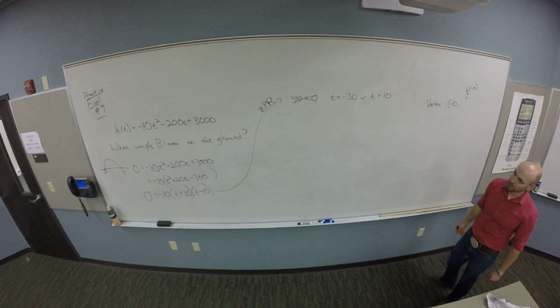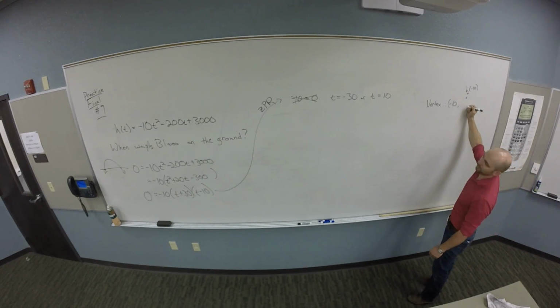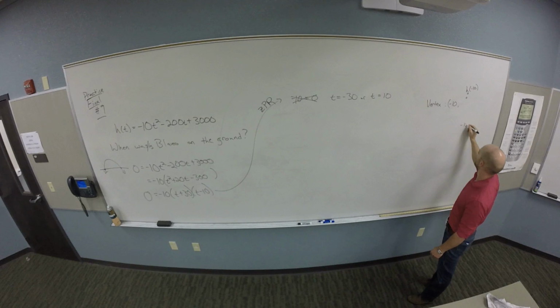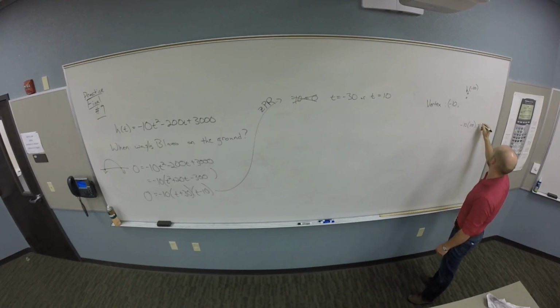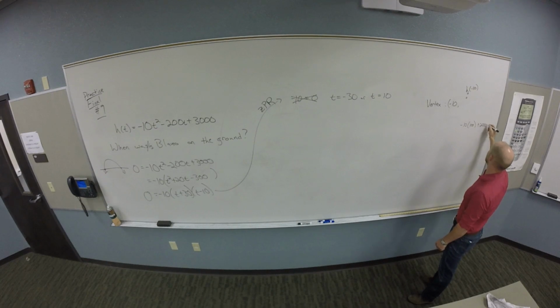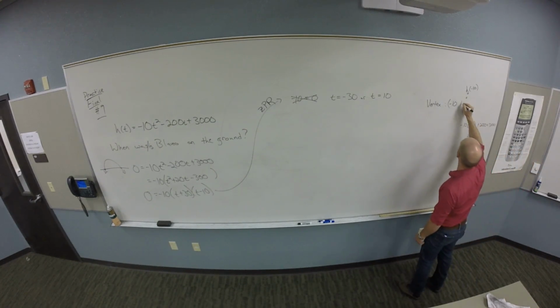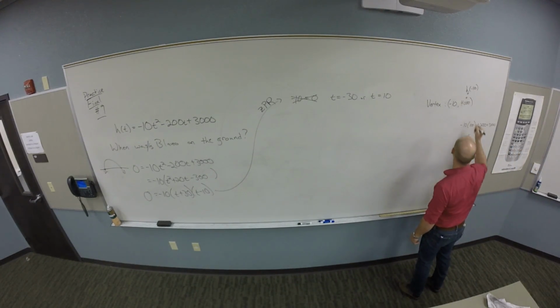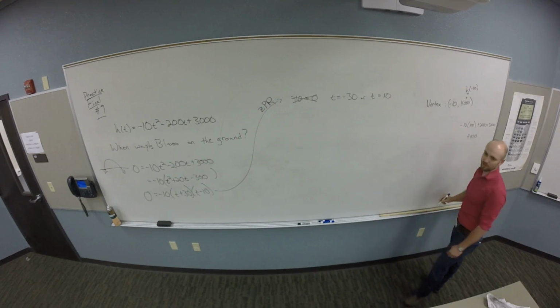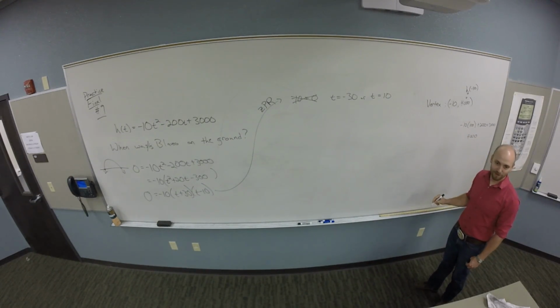So it's whatever you get out of that. Minus 10 times 100 plus 2,000 plus 3,000. So it's going to be 4,000 meters high. That's probably not good for Blammo, right?